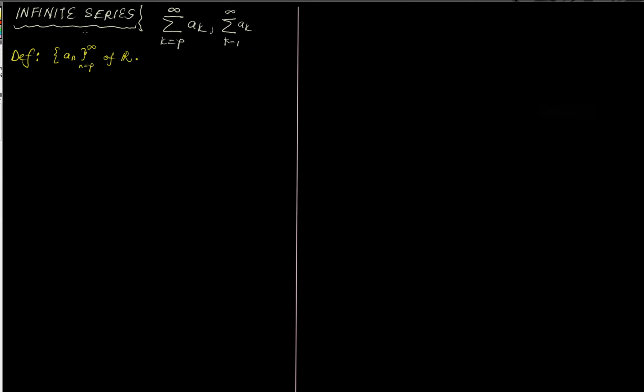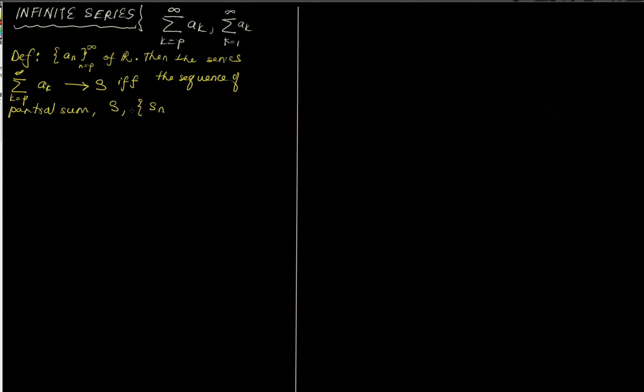Then the series, which we denote by the summation where k goes from some number p to infinity of a sub k, we say converges to s, some real value s, if and only if the sequence of partial sums, which we're going to call capital S, denoted by the sequence S sub n, where n goes from p to infinity, converges to S.